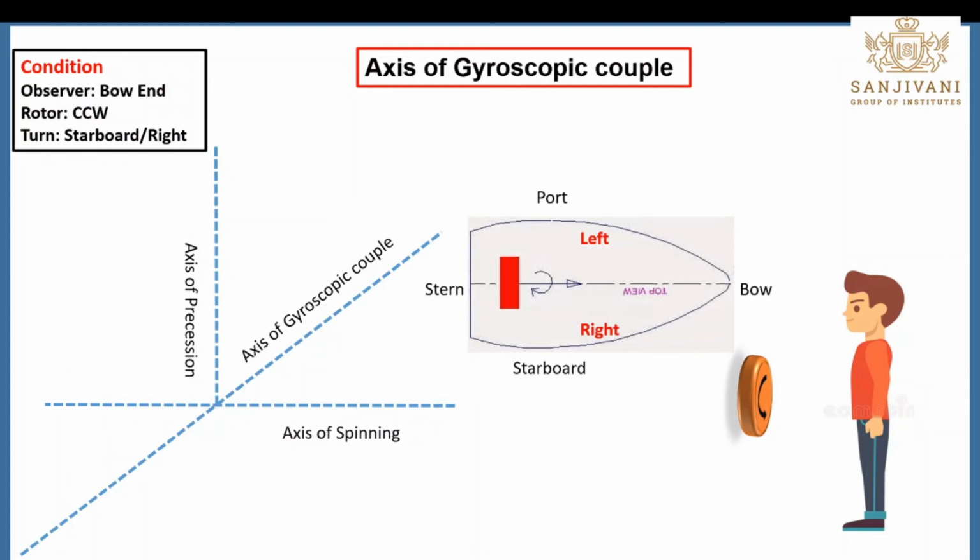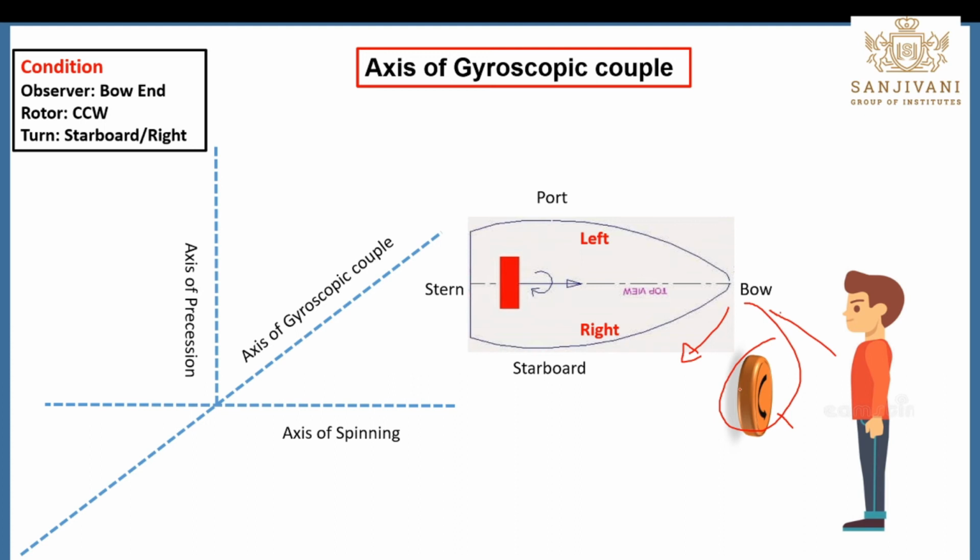Okay, now we are going to study the effect of gyroscopic couple when the observer is looking from the bow end, the rotor rotates in the counterclockwise direction, and the ship is taking the turn towards the right side, which is the starboard side. Now in this case, the first task is to find out the axis of spinning, whether it is towards left or towards right.